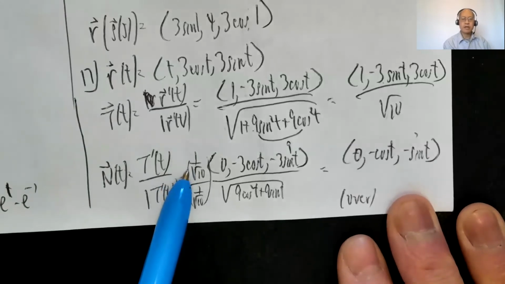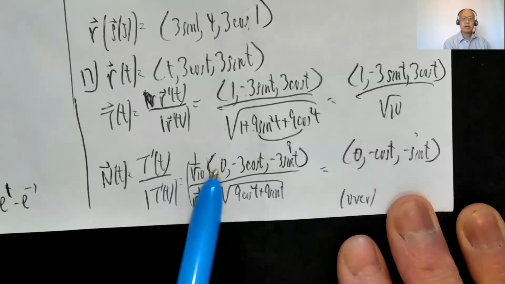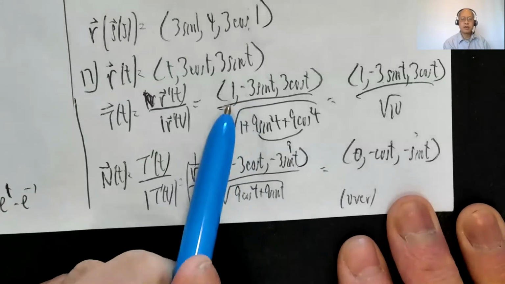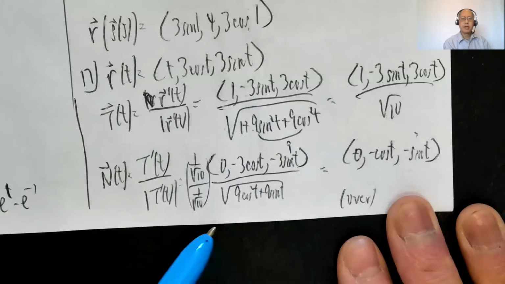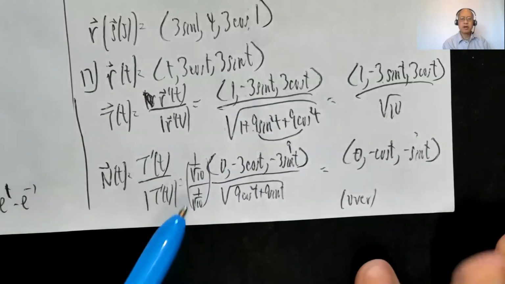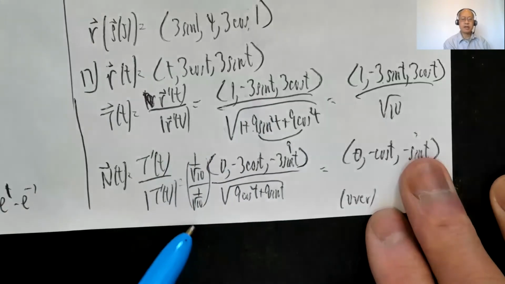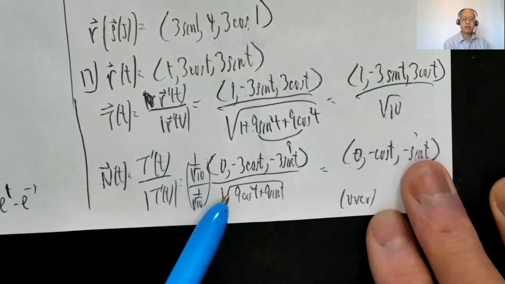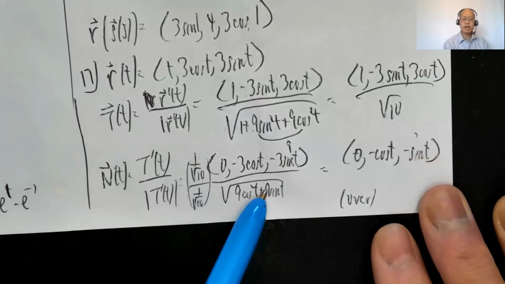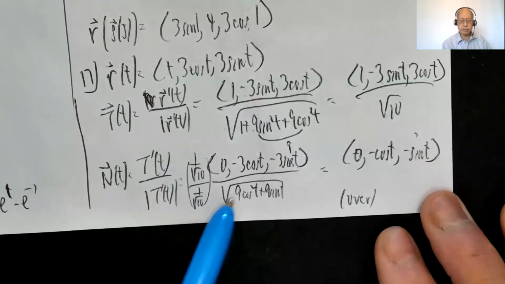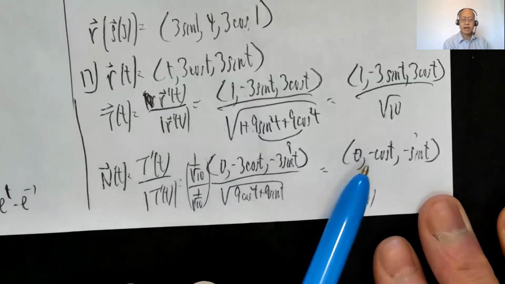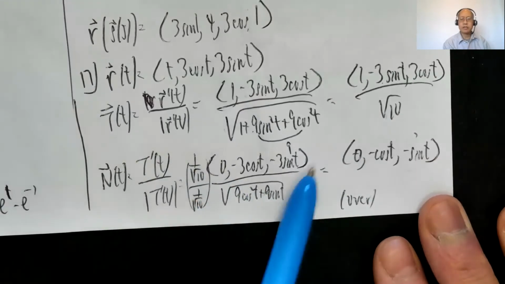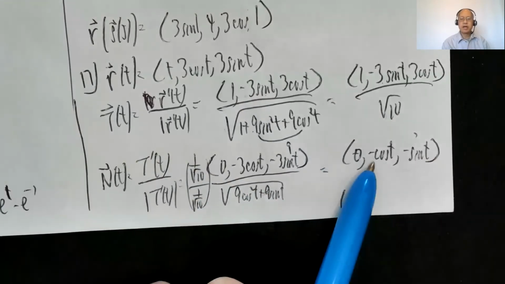So 1 over radical 10 times this derivative, 0, negative 3 cosine t, negative 3 sine t, over its magnitude, 1 over radical 10, which will just cancel out. Okay, 0 plus 9 cosine squared plus 9 sine squared, that comes out to be 3. So if I just divide by 3, I lose that, and I lose the 1 over radical 10s. So it's simply 0, negative cosine t, negative sine t.